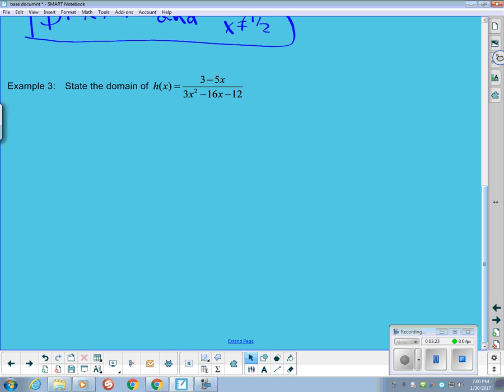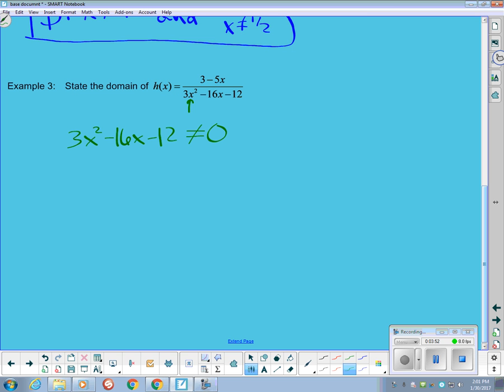In this case, our denominator looks a little bit more complicated. We definitely have variables in the denominator, though, so there's a potential for things that need to be thrown out. And we will take that denominator, 3x squared minus 16x minus 12, set that not equal to 0, which means we're probably going to have to factor this thing.